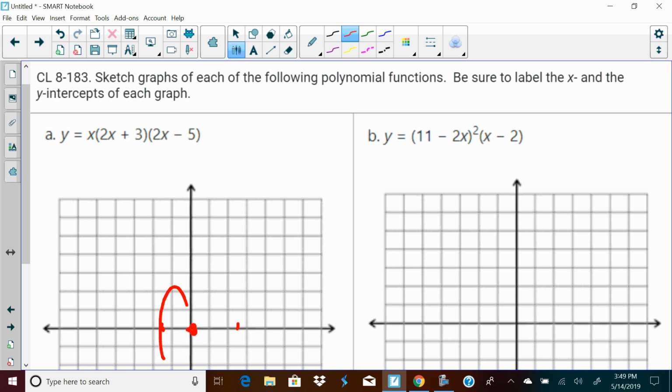Then I just make my graph go through. It looks like that. For B, I'm going to have one at positive 5.5 and positive 2. And it kisses at that one, so I know it's going to go up. Just kiss right there. It should look like that.